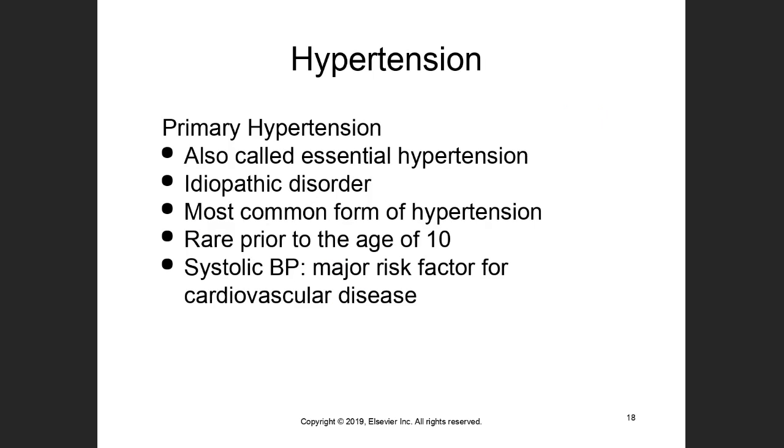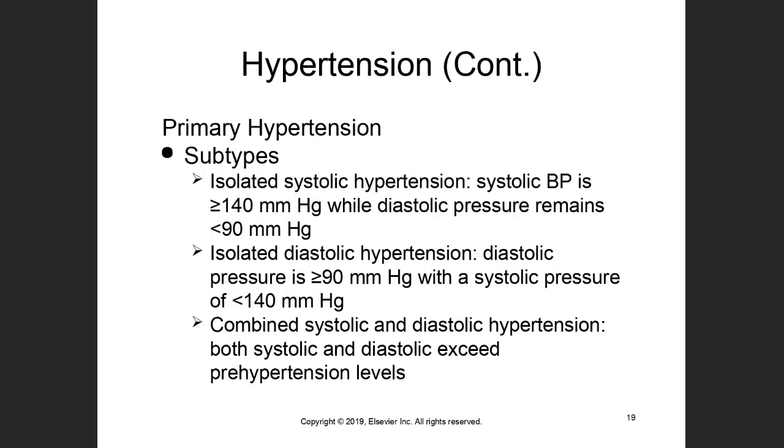Now, hypertension is divided, as I already said, into primary hypertension and secondary hypertension. Primary hypertension is not produced by any other cause. It's an idiopathic disorder. Why? Because there is no cause. There is nothing that is producing that blood pressure. We have subtypes of hypertension.